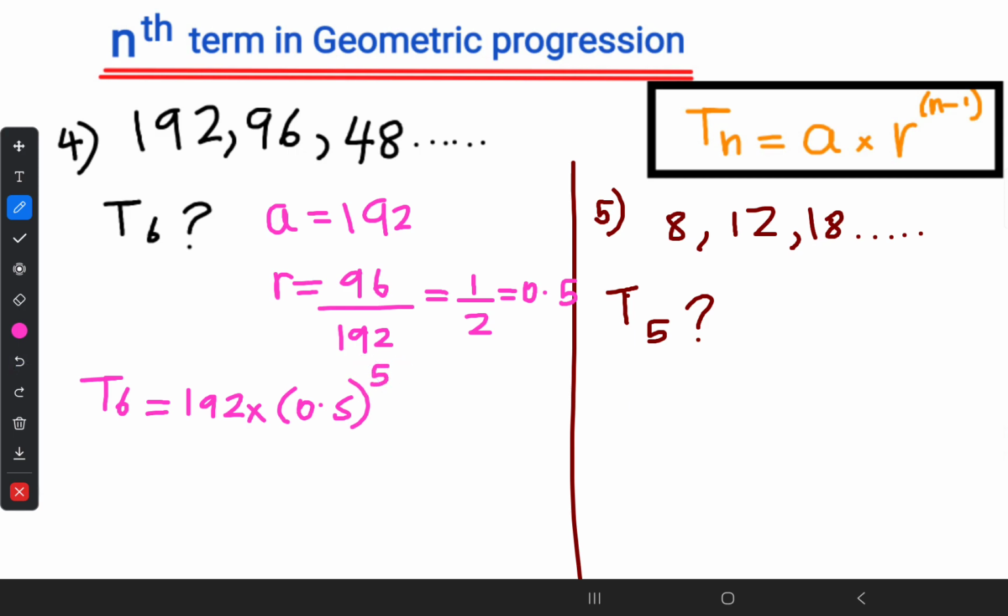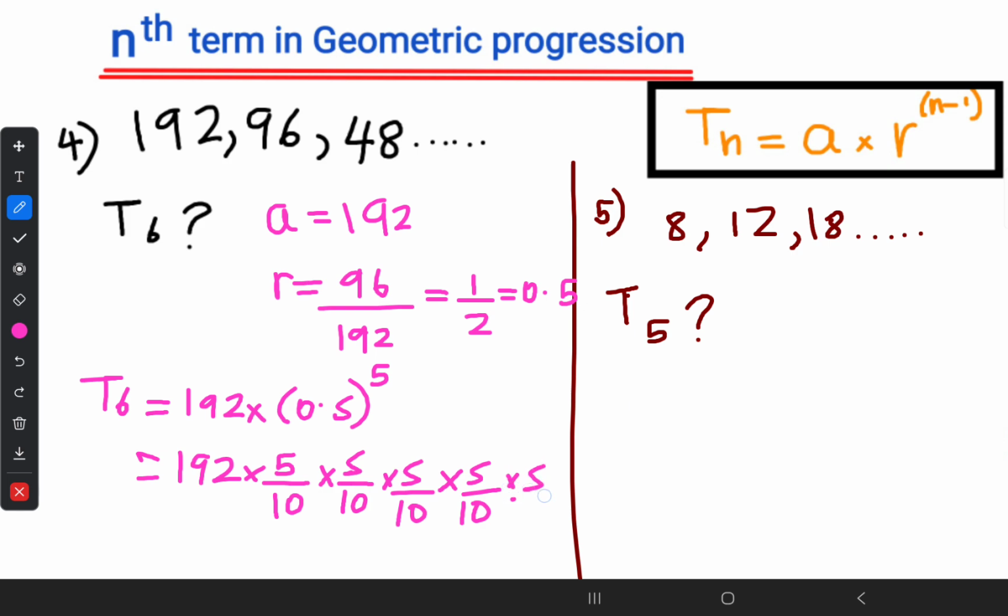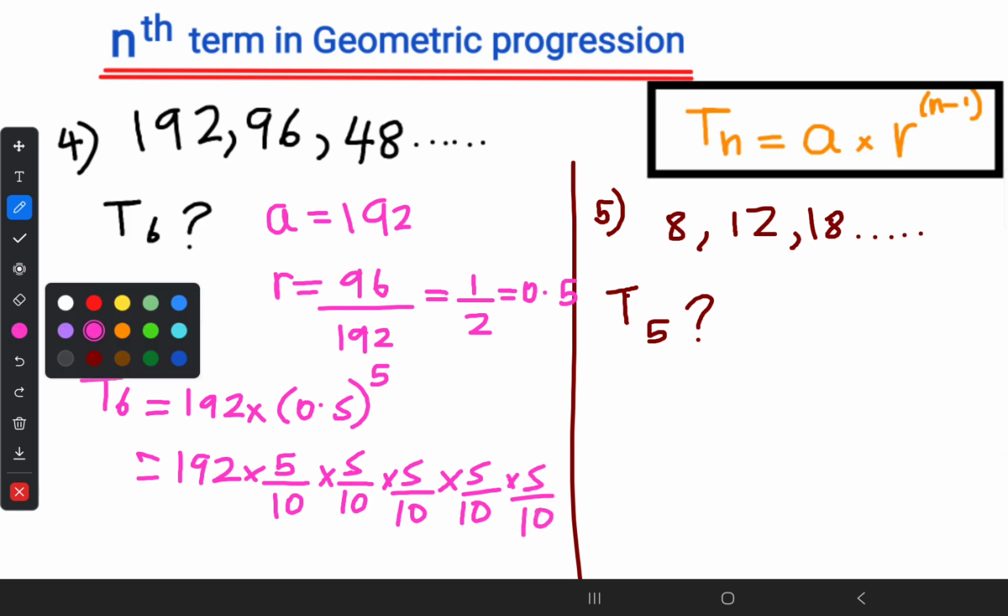192. I will make this particular decimal as a fraction. It is little hard to handle with the decimal, so I will make it as a fraction. 5 upon 10 multiplied with 5 upon 10, 5 times. All would be simplifiable. Okay, that is easy.